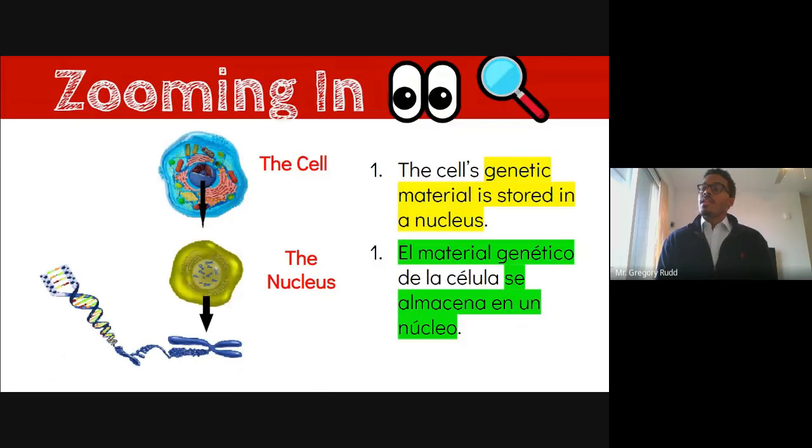All right. So we know that we talked about the cells in the last unit. We talked about different cell types. Which type of cell has a nucleus, just as a quick review? Which cell types have nuclei?